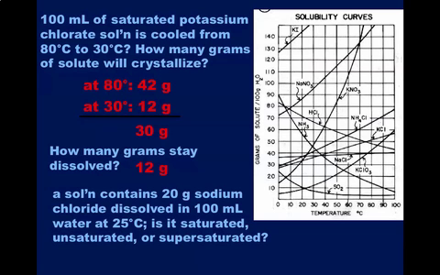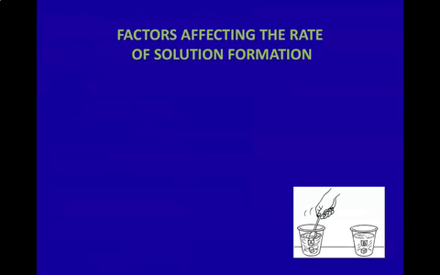And if it's above the line, then it's supersaturated. So sodium chloride is NaCl, and it's this one that's almost flat here. If I look at it at 25 degrees, they're saying there's 20 grams in there. That puts us at a point well below that line. So because it's below the line, it's going to be considered an unsaturated solution.